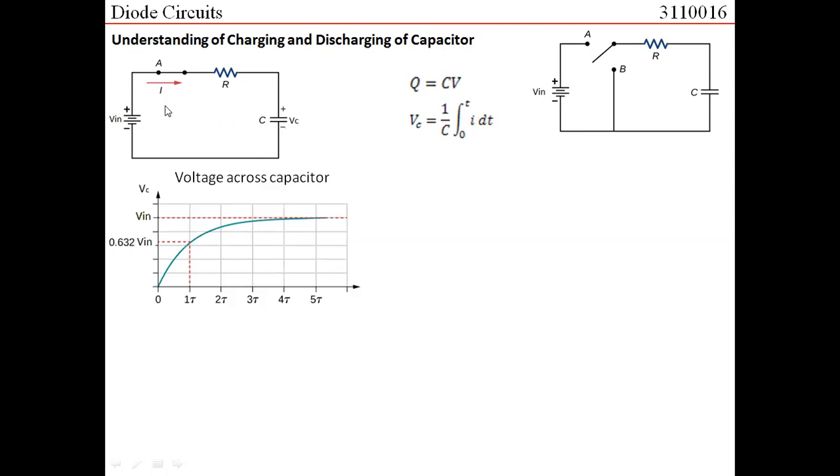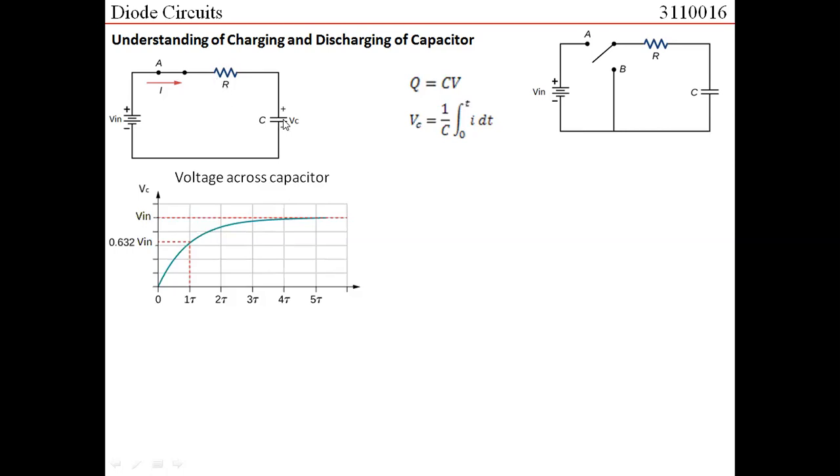If you try to understand, then in this circuit, the net voltage which is acting is Vin minus Vc. So as Vc increases, Vin minus Vc would decrease. And what would be the value of current? The value of current would be Vin minus Vc divided by the total resistance R in the loop.